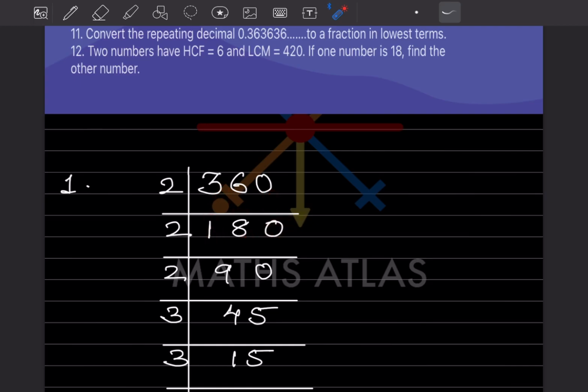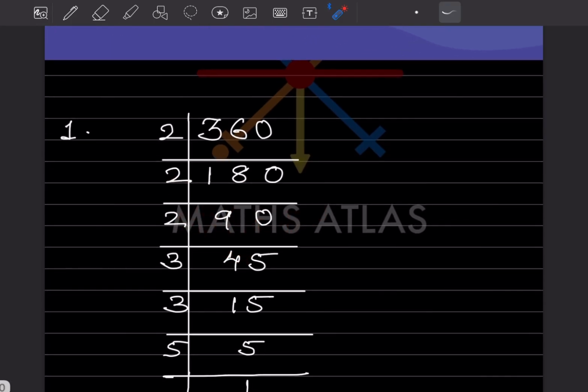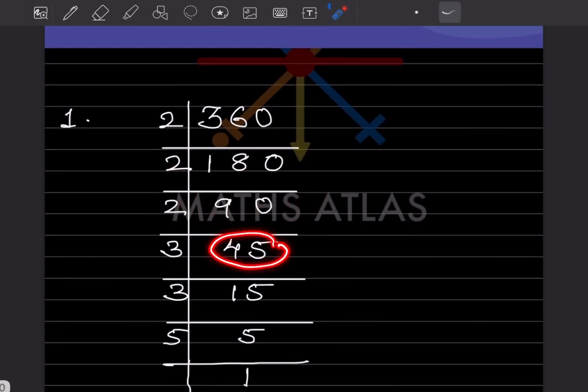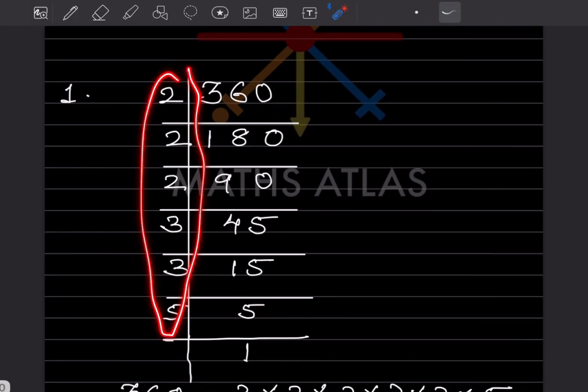Again we go with 2: 2 nines are 18, then 2 fours are 8. Now 45 is not possible with 2, so we go with 3: 3 fifteens are 45, 3 fives are 15. Now this 5 will only go with 5. So these are the factors of 360.